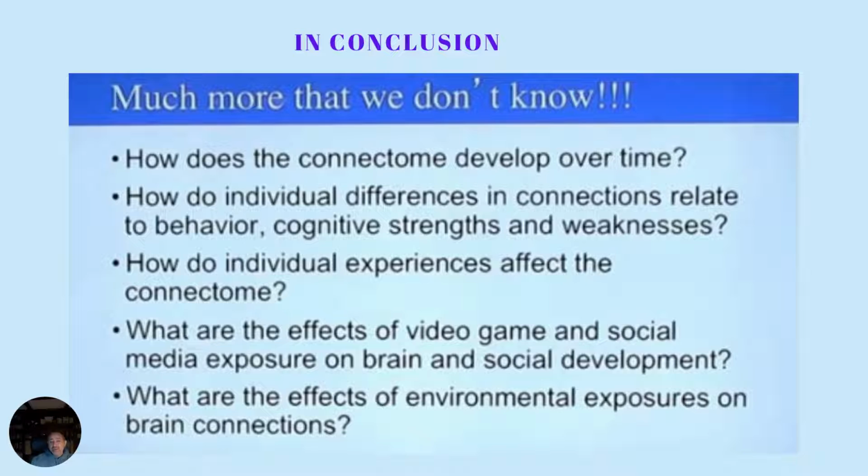And what are the effects of video games and social media exposure on brain and social development? That is still out there for us to learn a lot more. What are the effects of environmental exposures on brain connections? There's a lot more for us to learn, and as we move forward, there are experts working towards it.